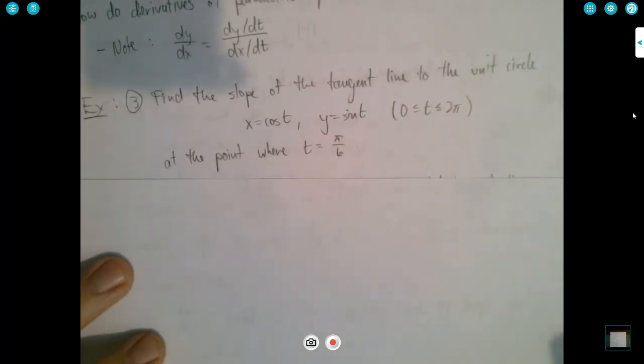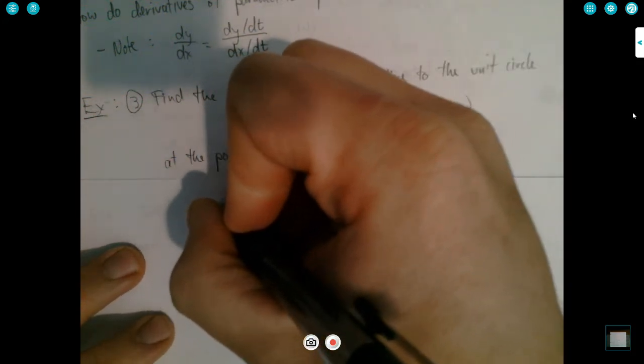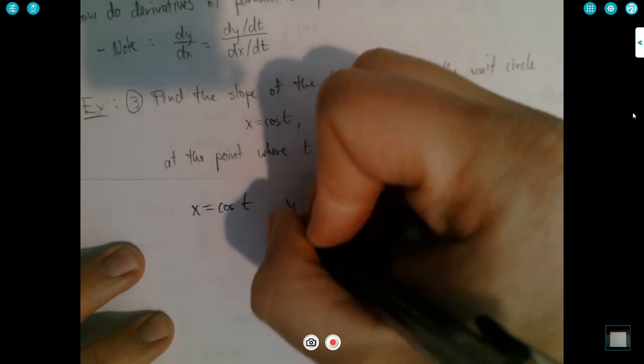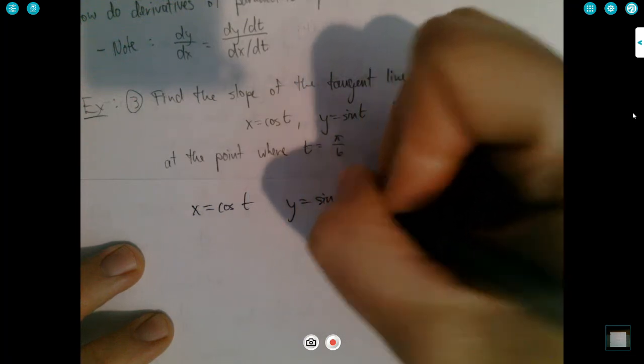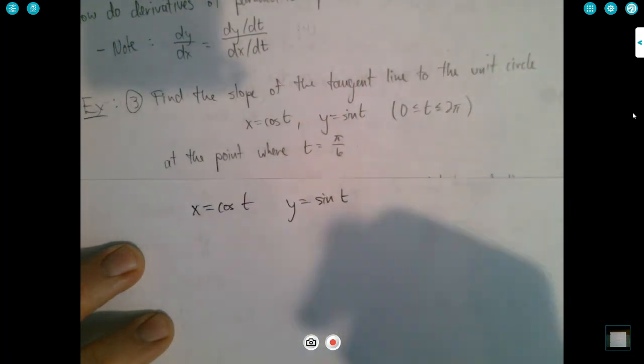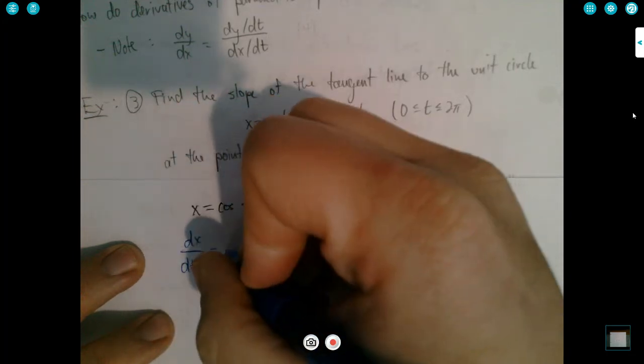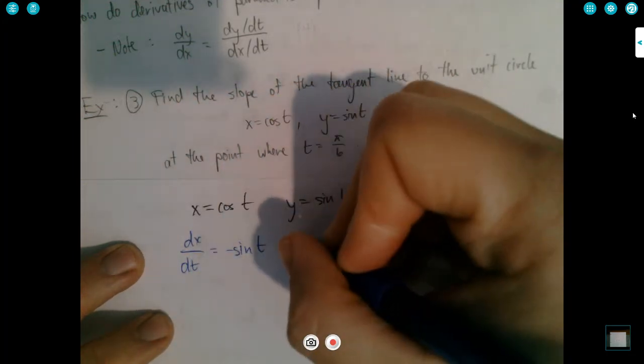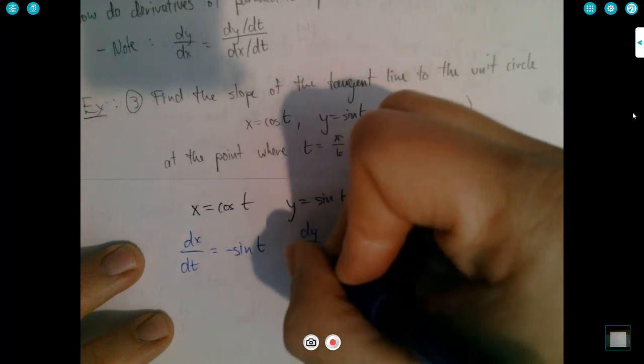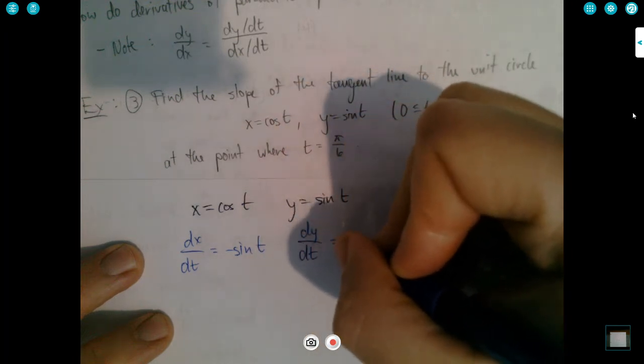So we would say, all right, since x equals cosine t and y equals sine t, then dx/dt is negative sine t, and dy/dt is cosine t.